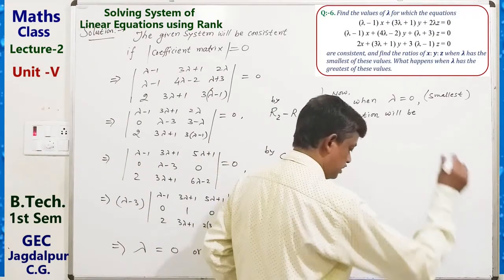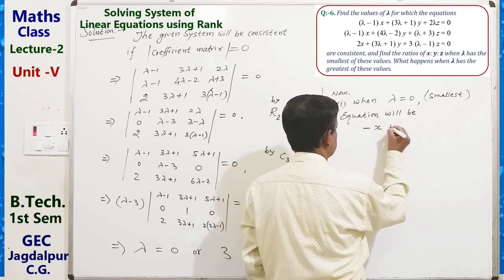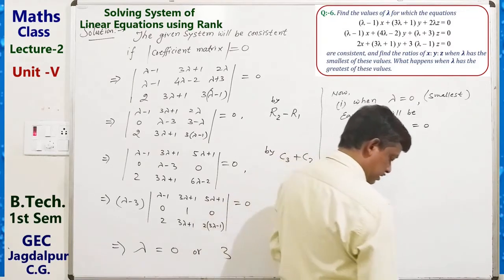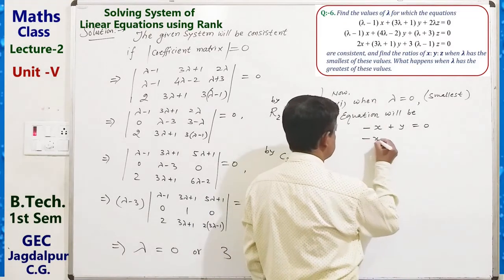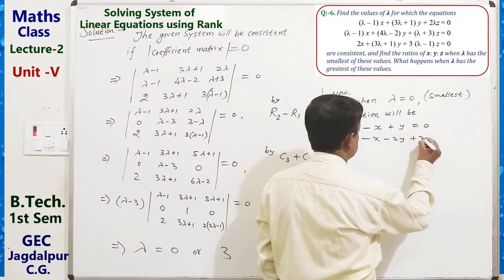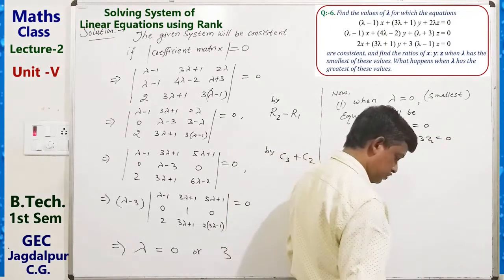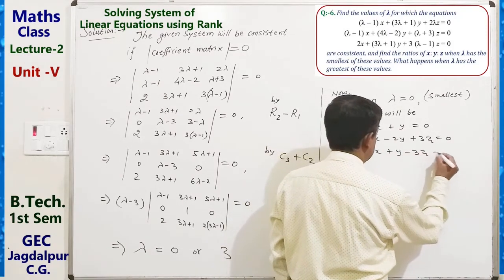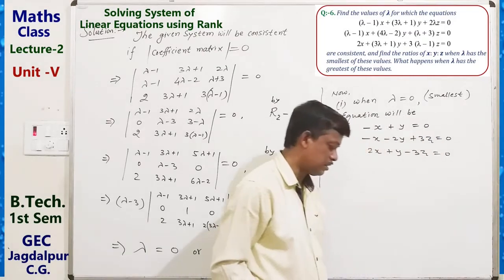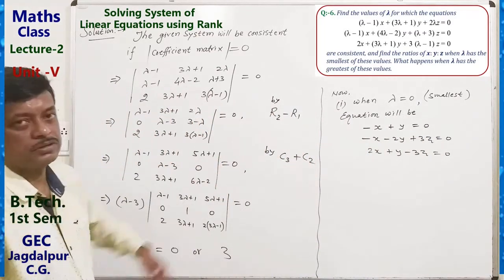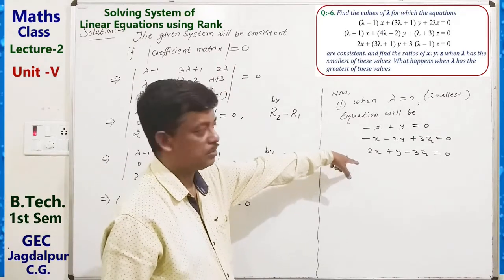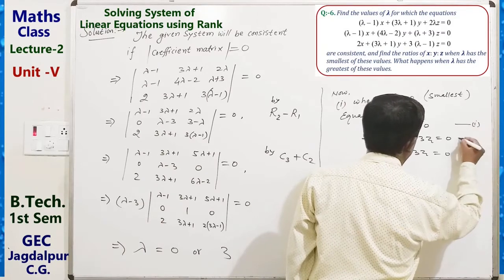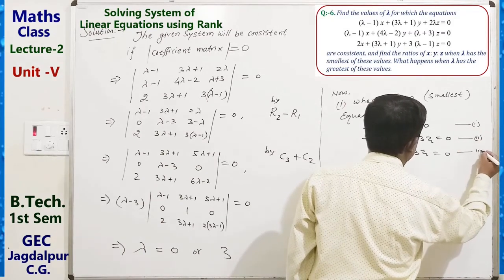Then the system will be minus x plus y equals 0, minus x minus 2y plus 3z equals 0, and also 2x plus y minus 3z equals 0. So the given system is reduced to this when lambda equals 0. Equation 1, equation 2, equation 3.